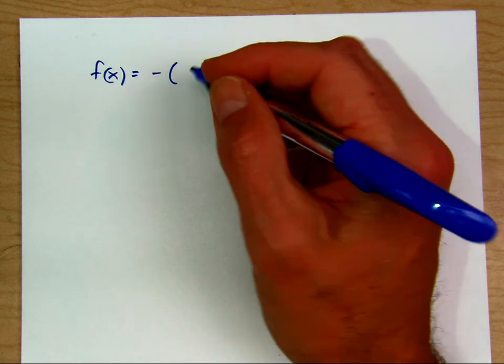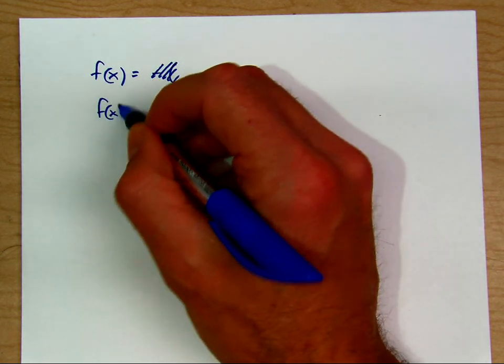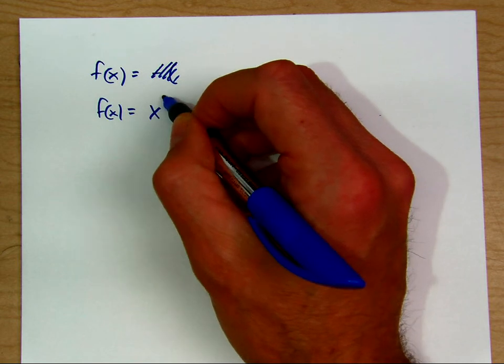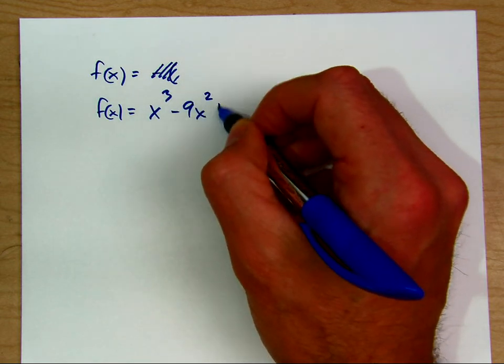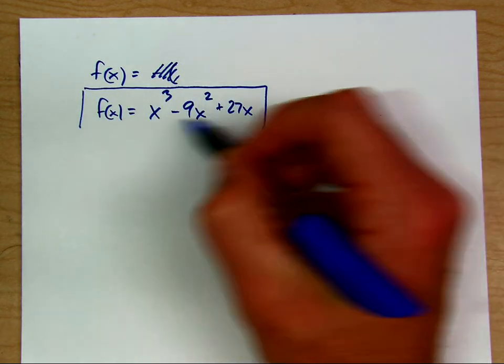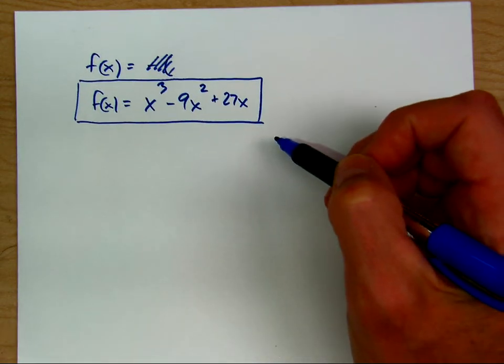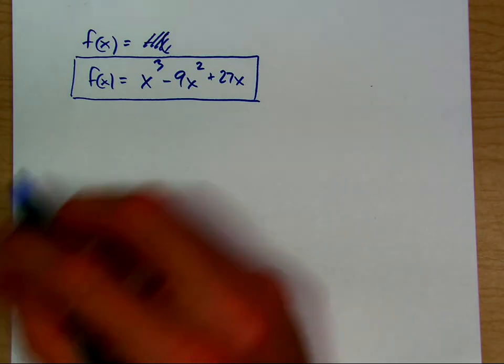So let's do f of x equals x cubed minus 9x squared plus 27x. Find the relative extrema using the second derivative test. Pause the video and try that one.